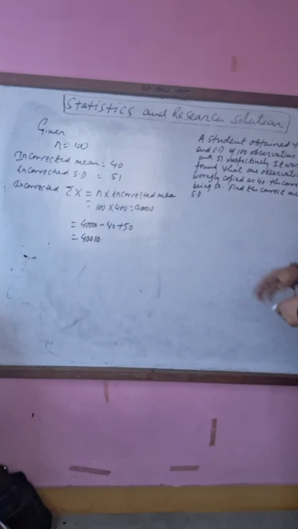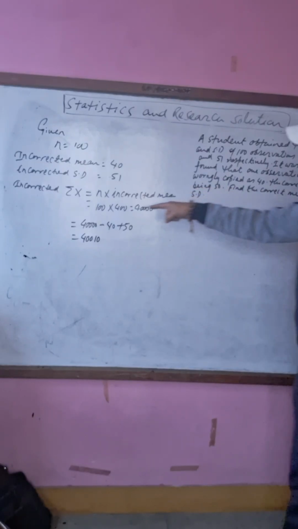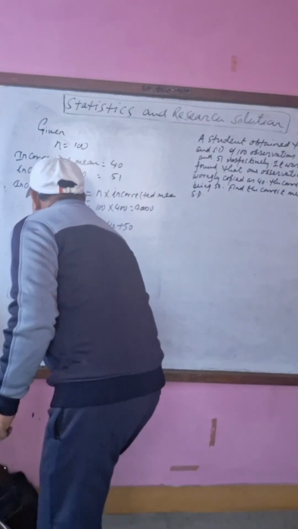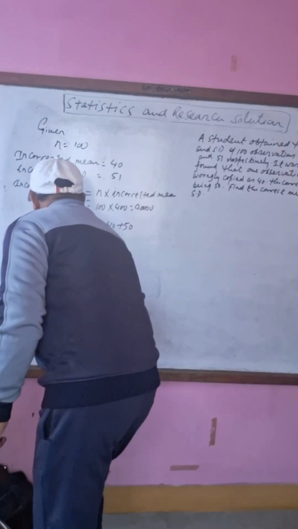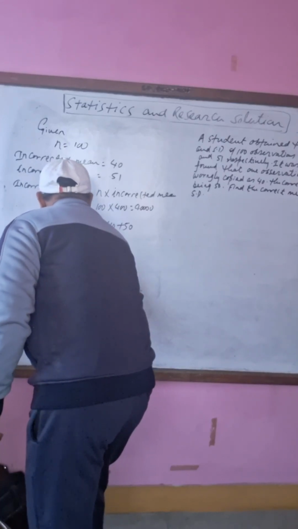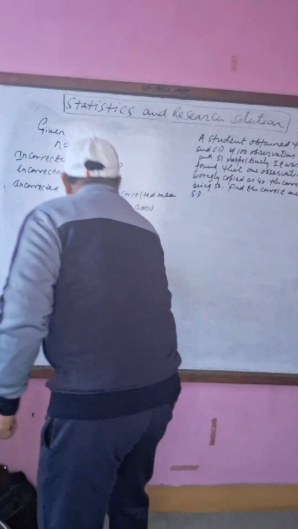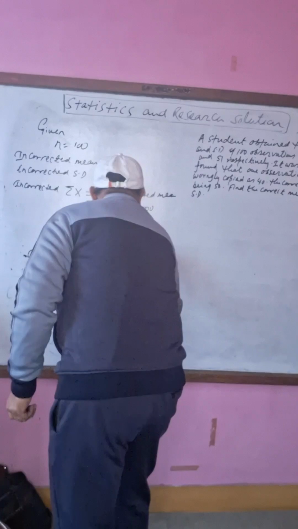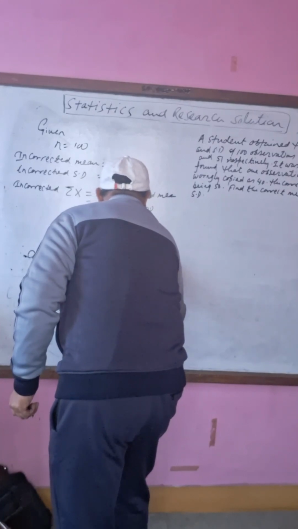Now, what is the corrected value of mean? The corrected mean is equal to the corrected summation x upon n.